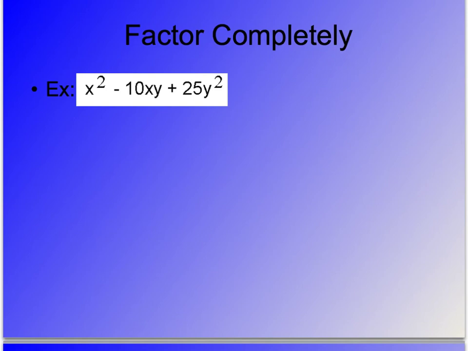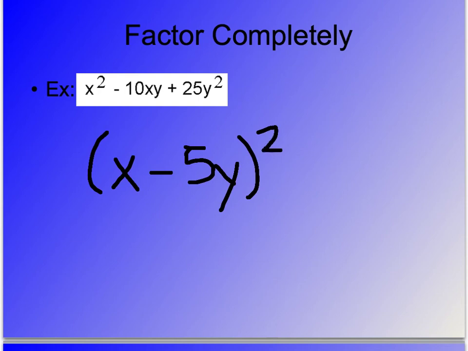The next one I'm going to apply my rule of a perfect square trinomial, because I noticed that this term and this term are both perfect squares, which was one of our first rules. And actually we could have applied that with the previous example. So because of that, I know that my answer is going to be x minus 5y to the second.